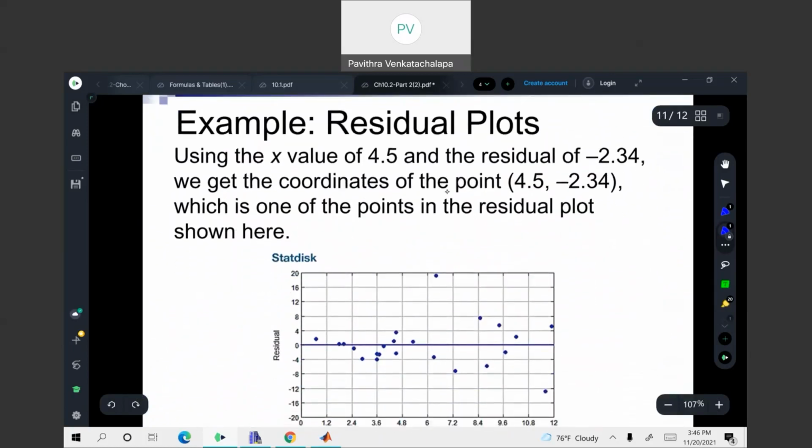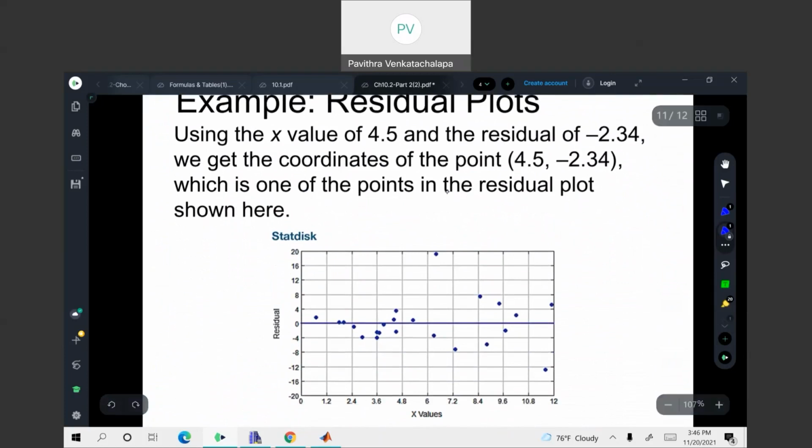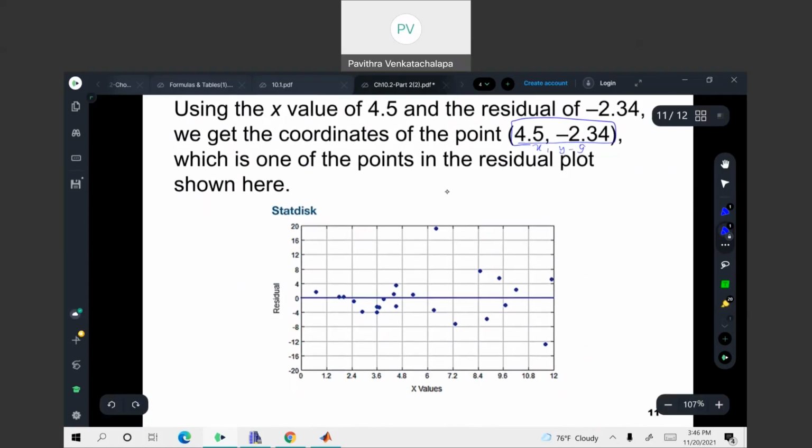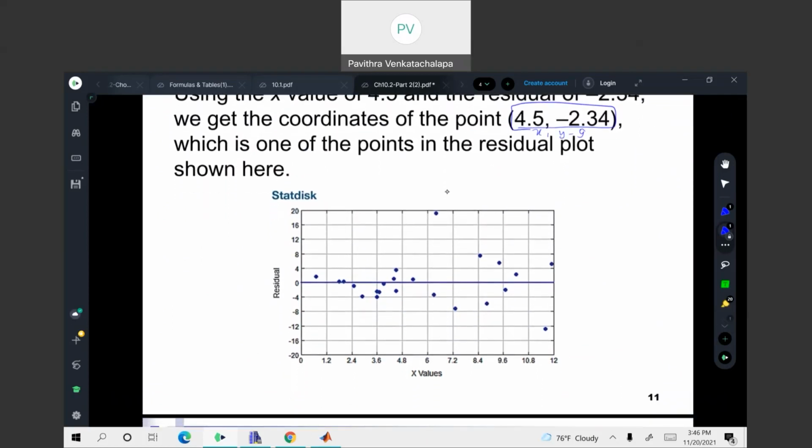Now let me plot those points in the residual plot. Okay, now this 4.5 and minus 2.34. Now what is minus 2.34? It's a residual, x comma y minus y cap. So that is why we call this a residual plot. X is 4.5, so somewhere here, and your y is minus 2.3. So this is one of your residual points, a point which you found. Likewise, we find residuals for each and every point which is present here.